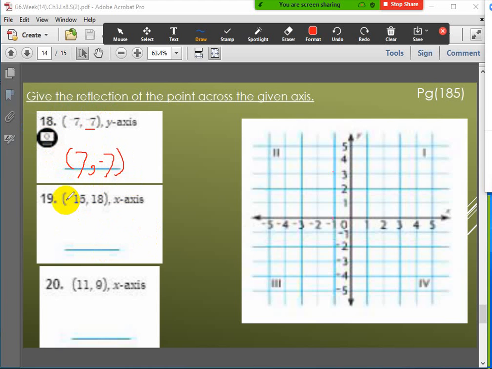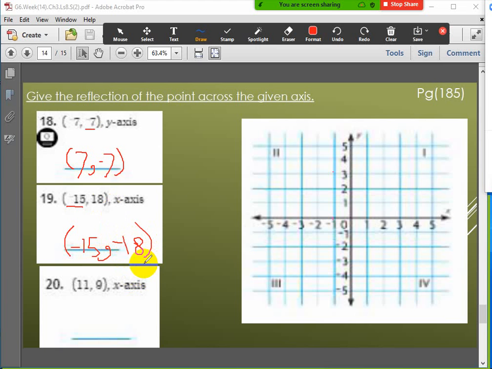What about this one? Negative 15, 18. I want the reflection across the x-axis. That means x will be the same, negative 15. What about the y? The y must be the opposite. What is the opposite of 18? Very good, Farah. The opposite of 18 is negative 18. Okay?